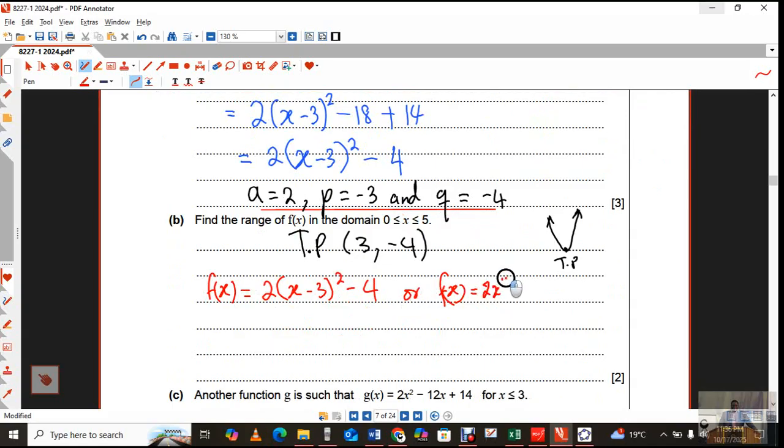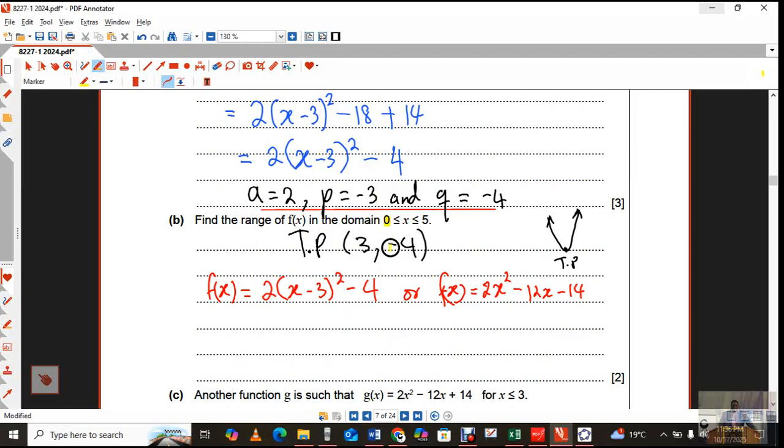It's just different ways of writing 2x squared minus 12x plus 14. But I'm going to use the first one. So when x is 0, what is the output?